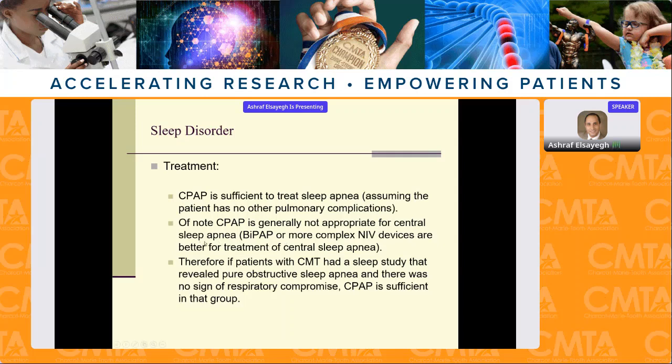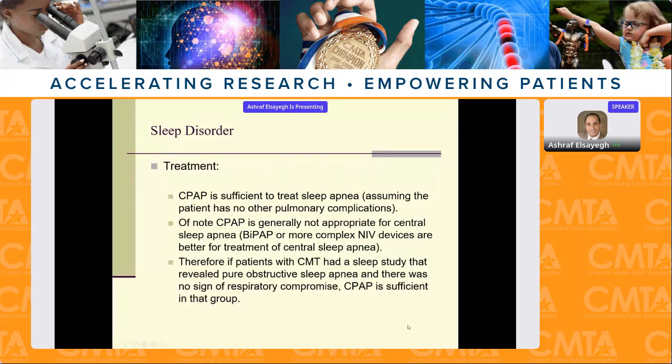So an overnight sleep study can differentiate obstructive from central sleep apnea. If the patient has more predominant central sleep apnea, then I recommend either a BiPAP or the non-invasive ventilators that I mentioned earlier. Otherwise, for simple, pure obstructive sleep apnea, CPAP is more than sufficient.